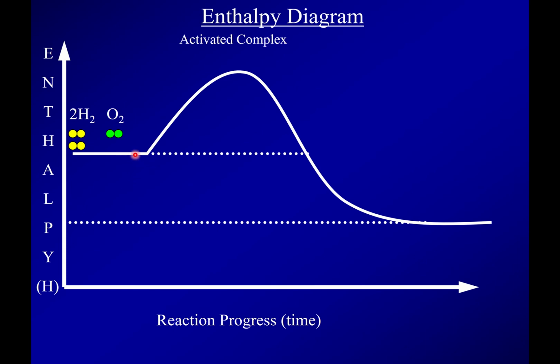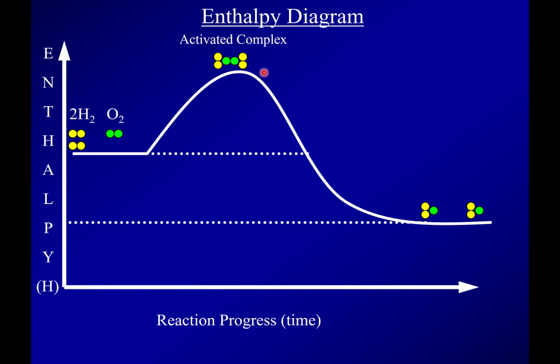As the reaction proceeds, we begin to form what's known as the activated complex. That's the in-between state between the reactants and what we'll see in just a minute, the products. It's highly unstable because it's the highest energy.